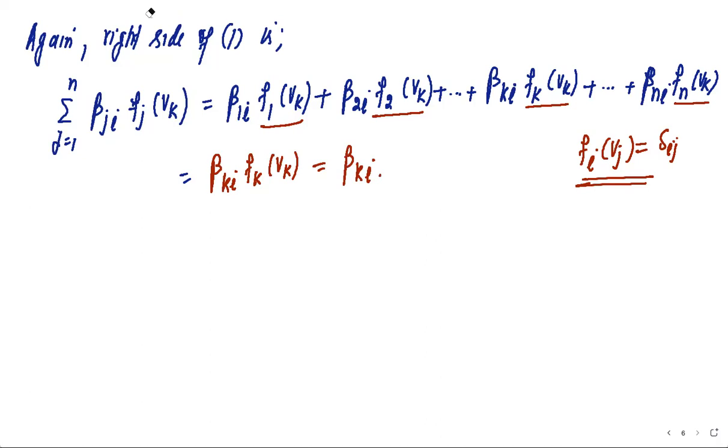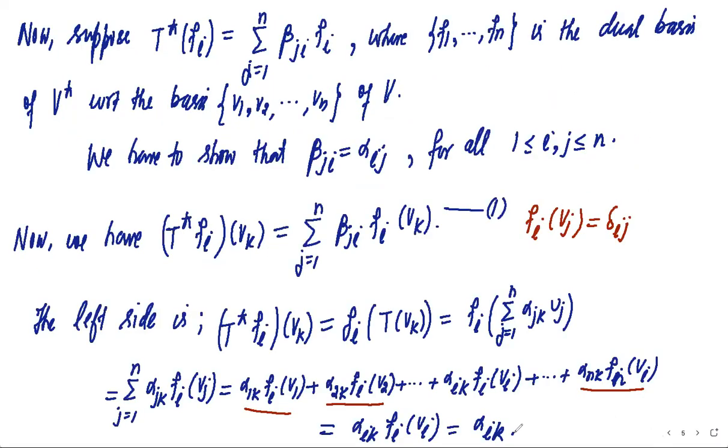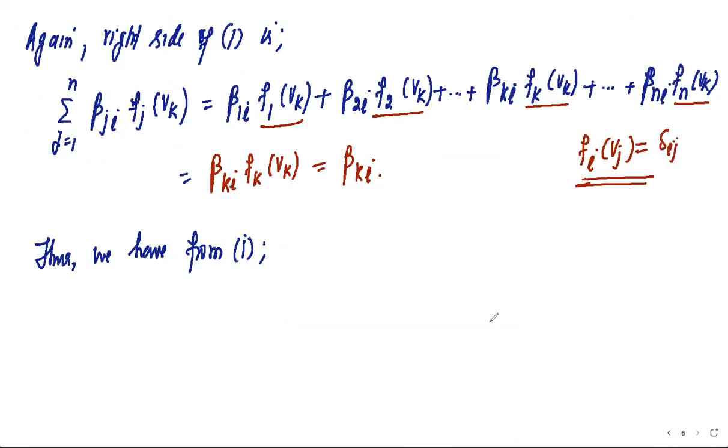So thus from equation 1, since we have shown that the left hand side is equal to alpha ik and the right hand side is beta ki, we have alpha ik is equal to beta ki. And this is true for all i and k.